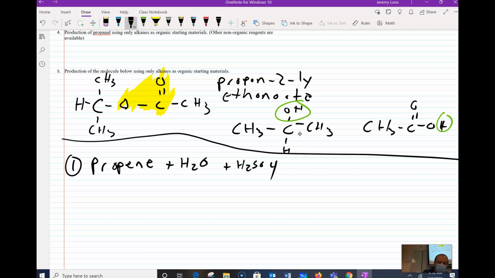And remember, propene, remember that Markovnikov's rule tells us that although it will add an OH to some degree to both, it's going to preferentially add the OH here, which is good because that's what we're trying to end up with.